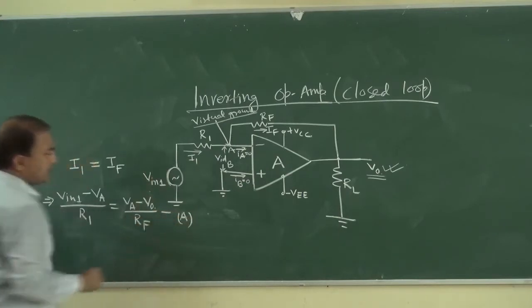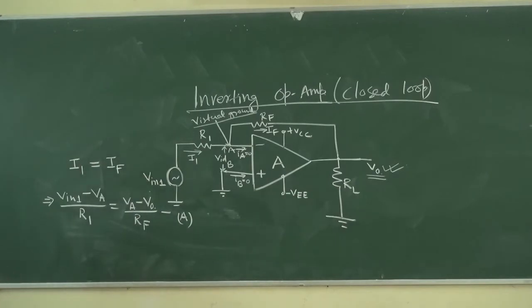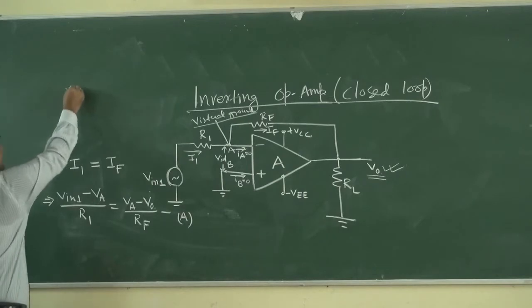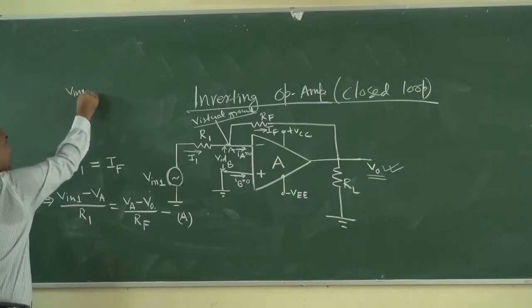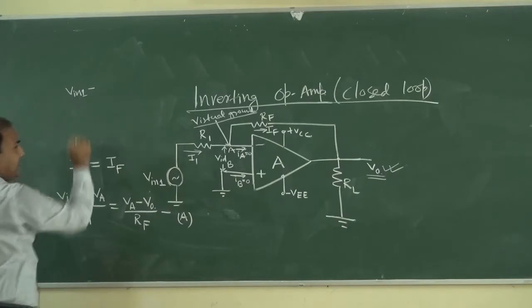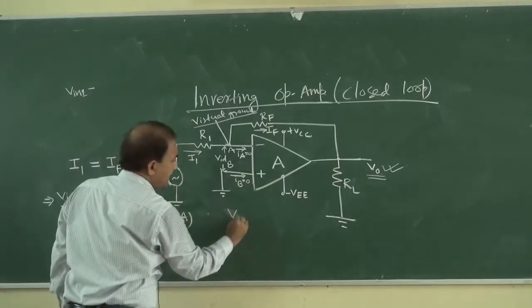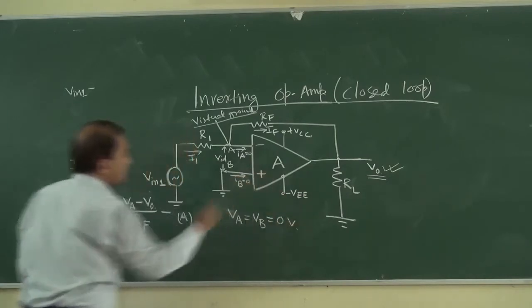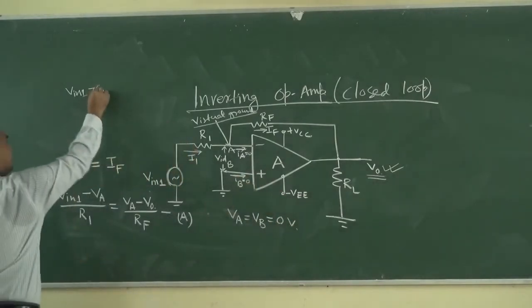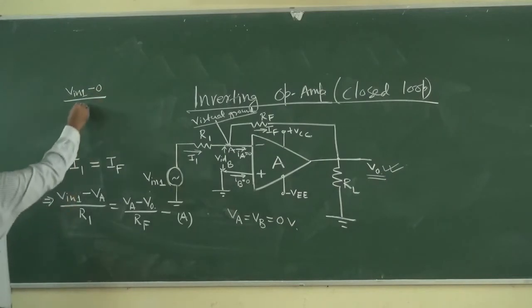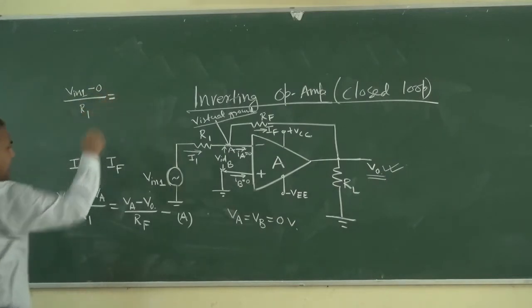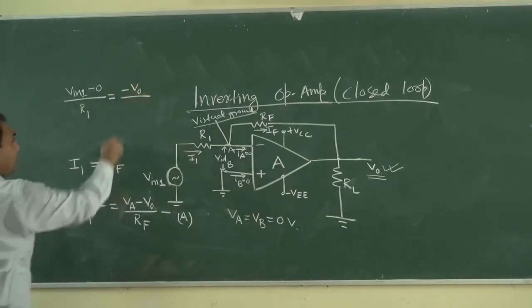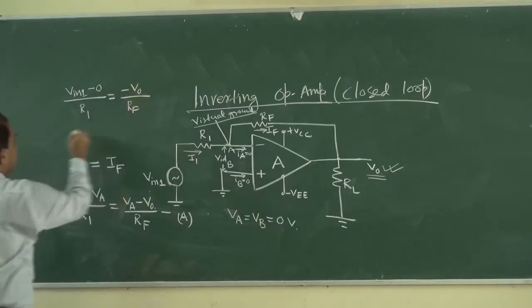Suppose this is equation A. Okay, so we can write this equation here. It is Vin1 minus VA. So what is VA? VA is equal to VB, which is equal to 0 volt. So we can write Vin1 minus 0 divided by R1 is equal to minus Vo divided by RF.